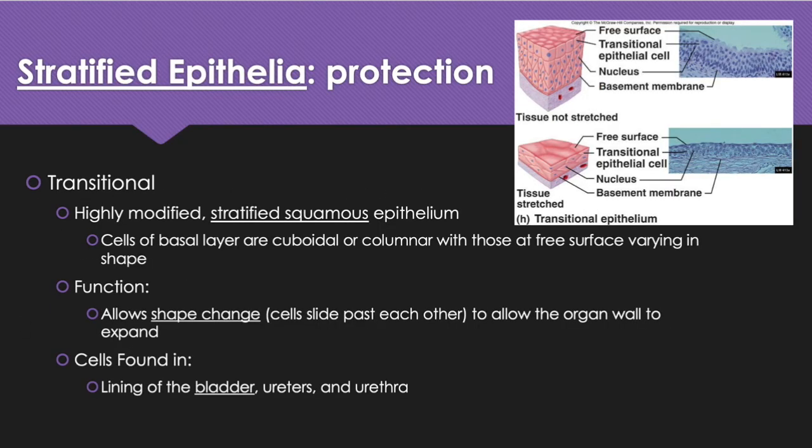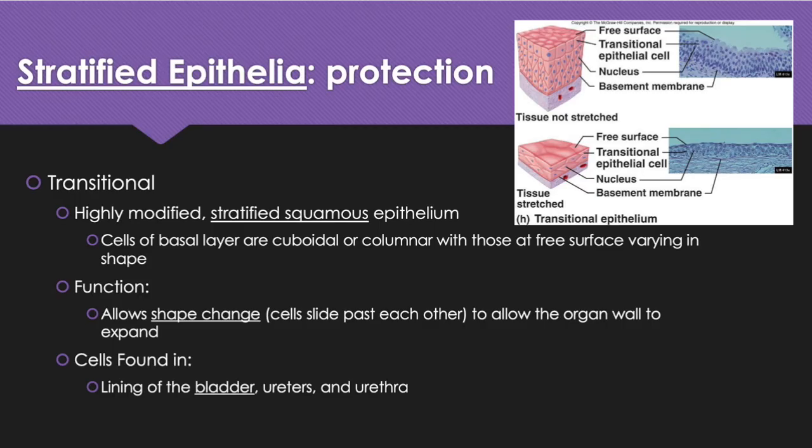Still sticking with that function of protection, we have transitional epithelium. This is very modified, and it's going to be stratified squamous, so multiple layers of flattened cells. These cells are unique in that they allow the shape of the tissue to change because the cells can actually slide past each other and allow the wall of the organ that they're part of to expand.